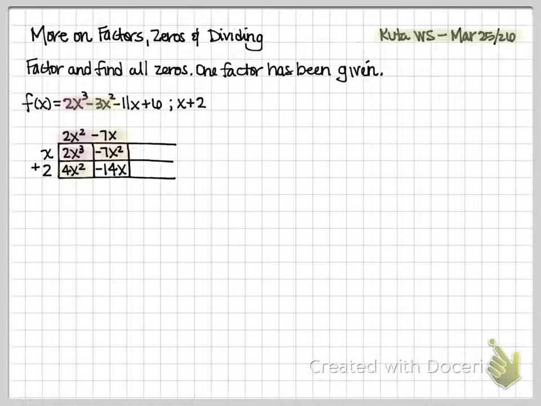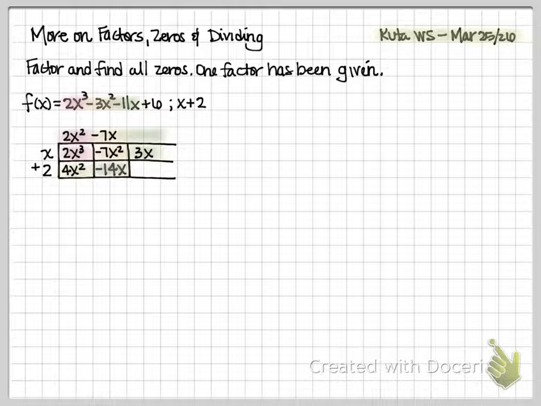I'm going to grab a different color of my highlighter here. Now I've got my x term. So go up, find your x term in the polynomial you're trying to divide, and know that the two green boxes inside the generic rectangle are going to have to get you the negative 11x when you add them together. The only way that's going to happen is if this is a positive 3x. Then perform your division.